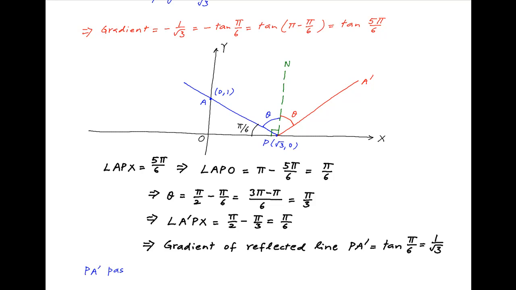So to summarize, the reflected line PA dash passes through the point P with coordinates root 3, 0 and has a gradient equal to 1 upon root 3.